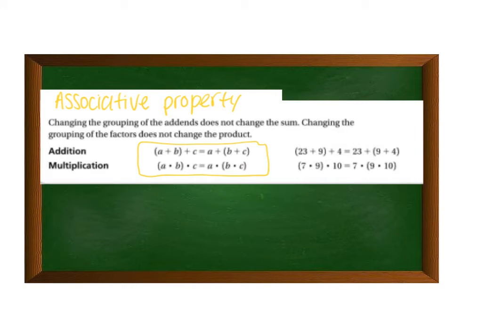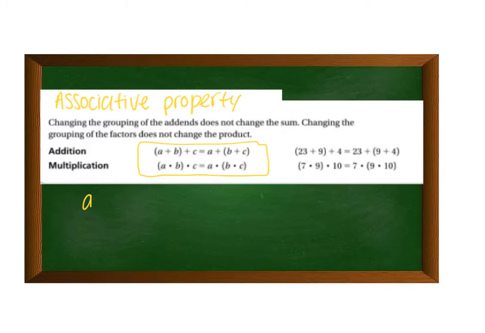Okay, it works as well for multiplication. So a times b with the c outside the parentheses is the same as a times b times c inside the parentheses. I know you might be wondering, but Mr. Yurko, don't you have to do the parentheses first? The only reason this works is because it's all multiplication.